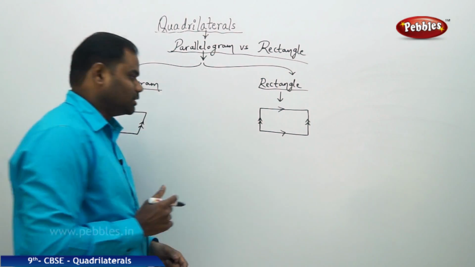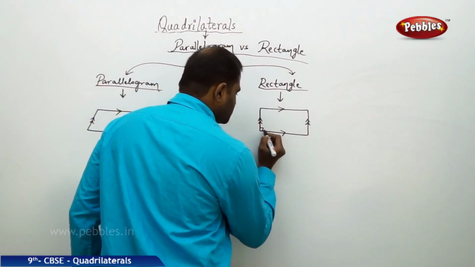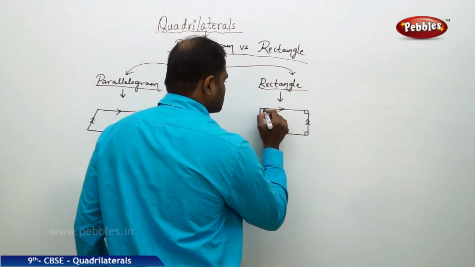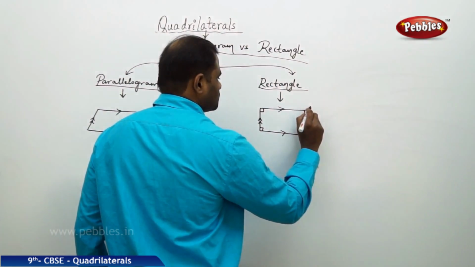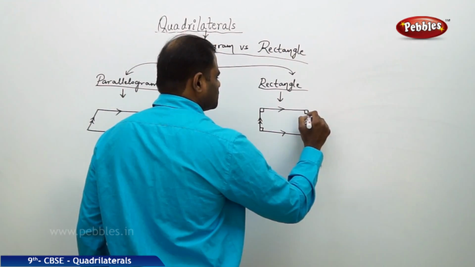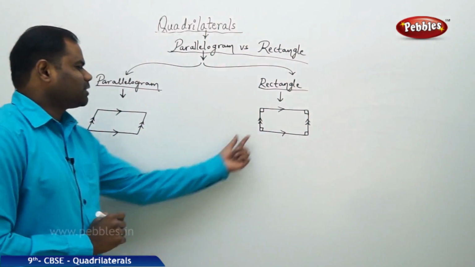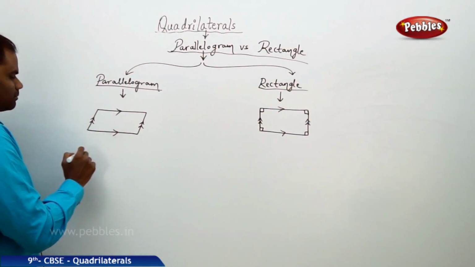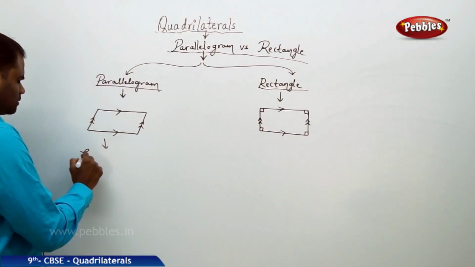The next property is that in rectangle each angle is 90 degrees. So each angle is 90 degrees in a rectangle, but in parallelogram each angle is not 90 degrees.